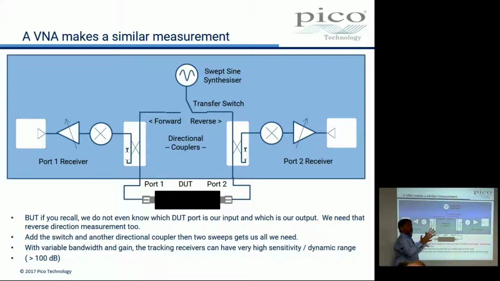But you can see I've now made a network analyzer that can measure in both directions, and all of that is inside our box. This simple one uses 2 receivers, but in 2 sweeps I can get all the information I need. Looks pretty good.